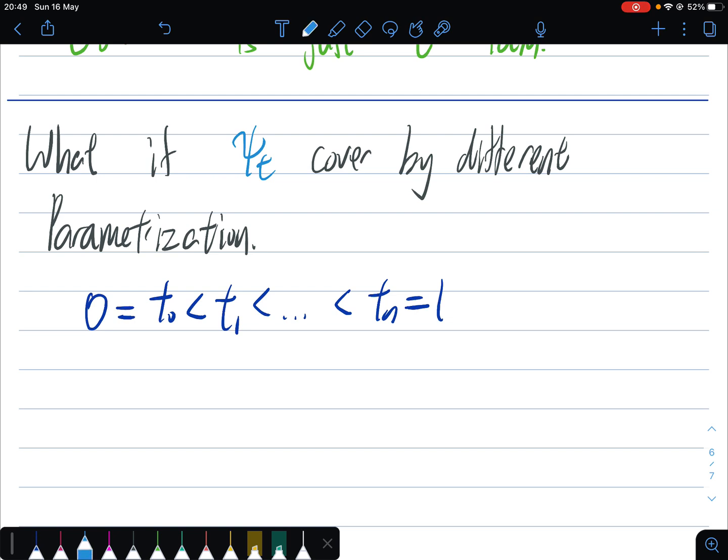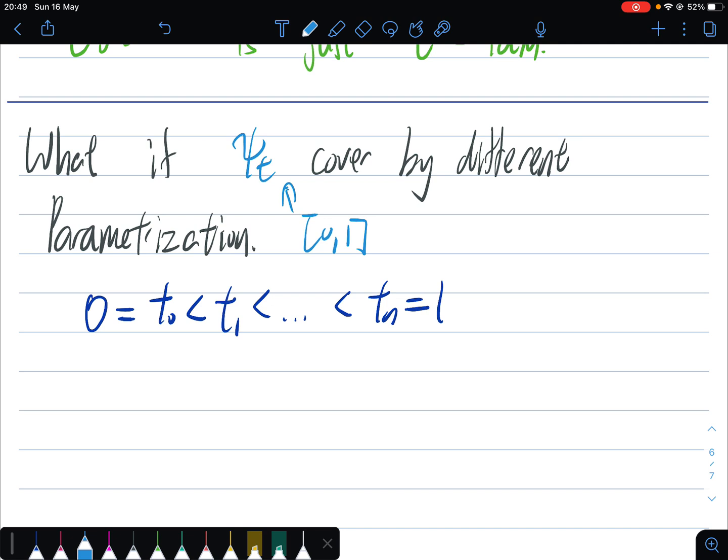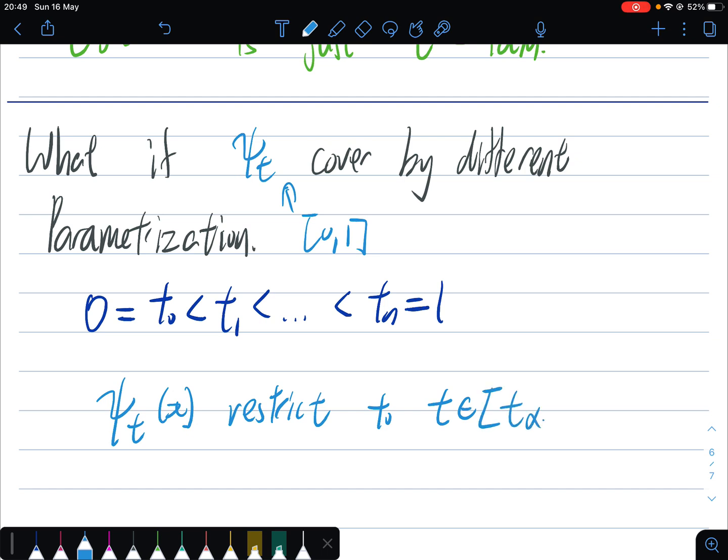From 0 to 1, we can chop into different parameterizations and different time intervals, such that the map phi_t is restricted to t belonging to t_{alpha-1} and t_alpha.